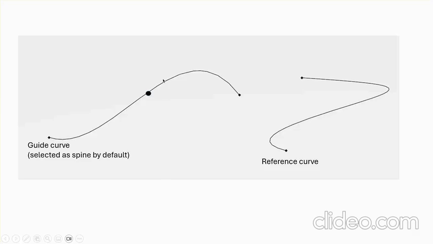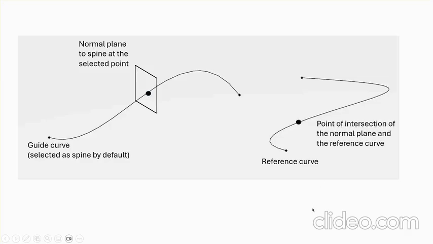The normal to this curve is considered right there, normal to the spine. And this normal to the spine plane hits the reference curve at a point right there, and then essentially this point is connected to that point, and this is done for every point and a surface generated.